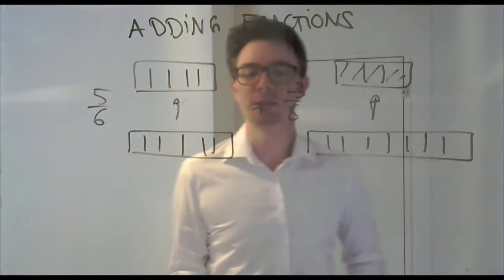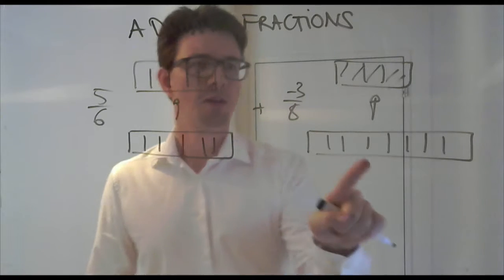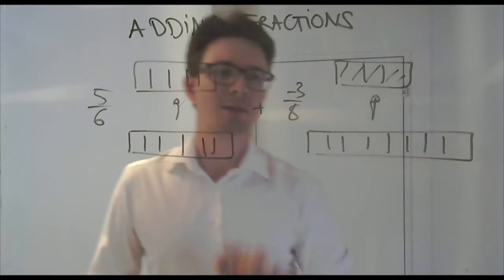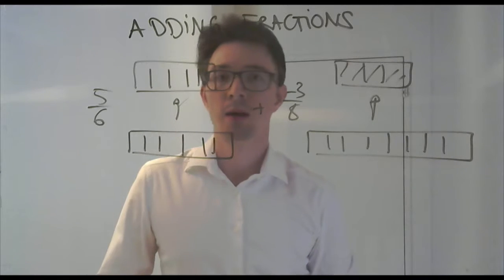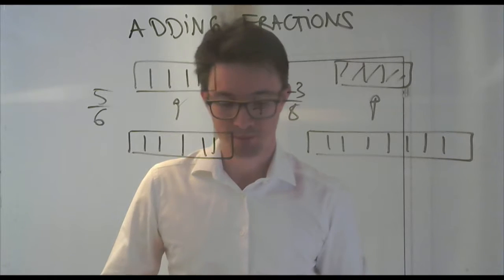How can we add this? Well, we kind of have to deal with these inputs, these denominators that are not the same number. But we can make them the same number by expanding.